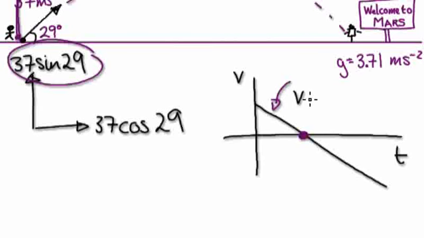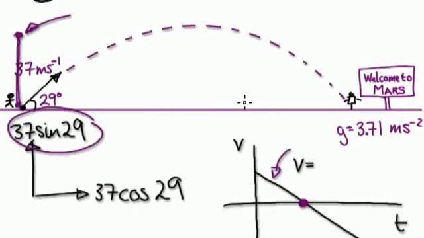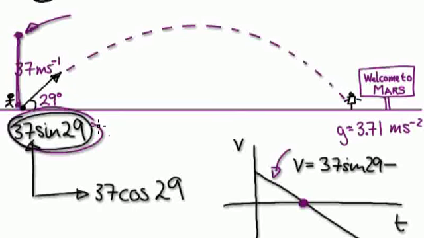Well, it's going to be v equals the initial velocity, which was the initial vertical velocity. So that would be this bit here, 37 sine 29, take away gravity on Mars, 3.71 t.